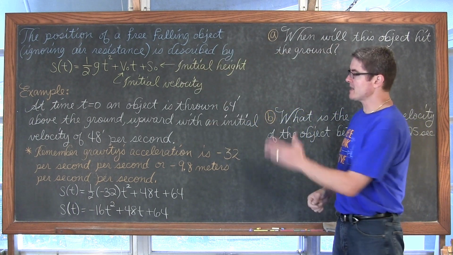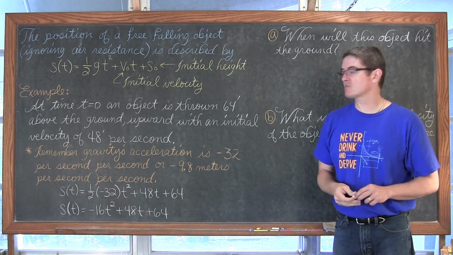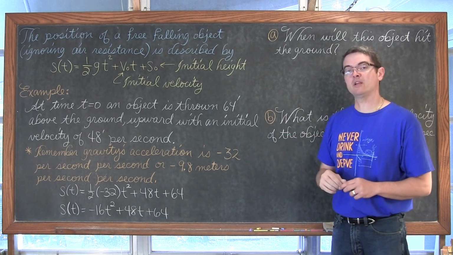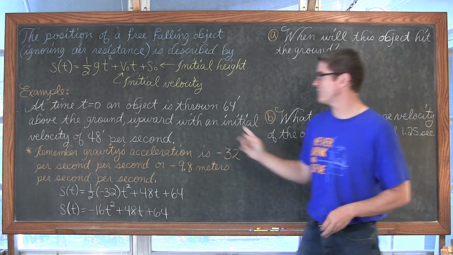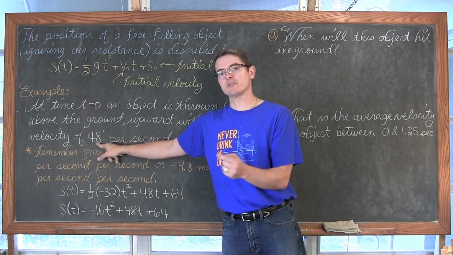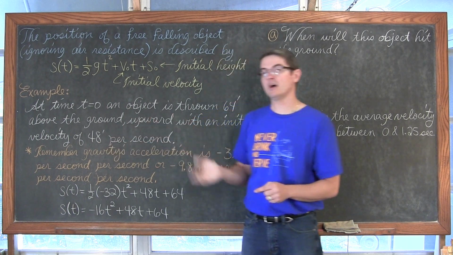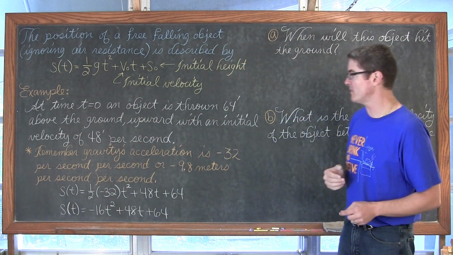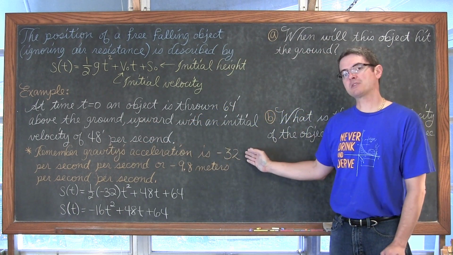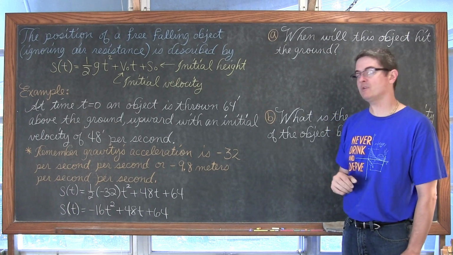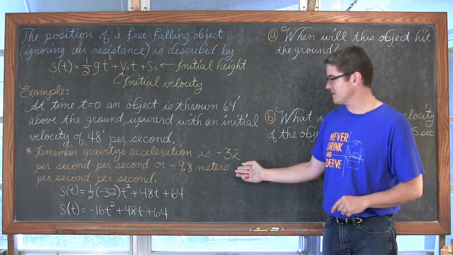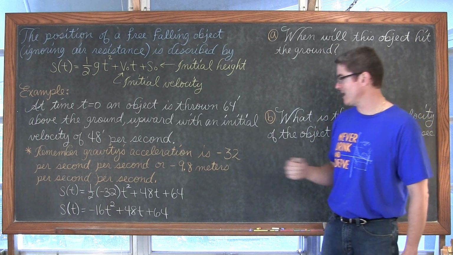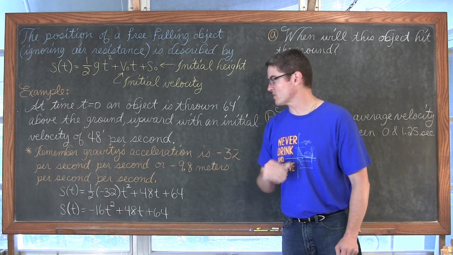Our example is, at time t equals 0, an object is thrown from 64 feet above the ground, and it's been thrown upward with an initial velocity of 48 feet per second. And again, that initial velocity is positive because we threw it upward, and that is considered positive motion. Remember that gravity acceleration is negative 32 feet per second squared, or if you're working in meters, negative 9.8 meters per second squared.